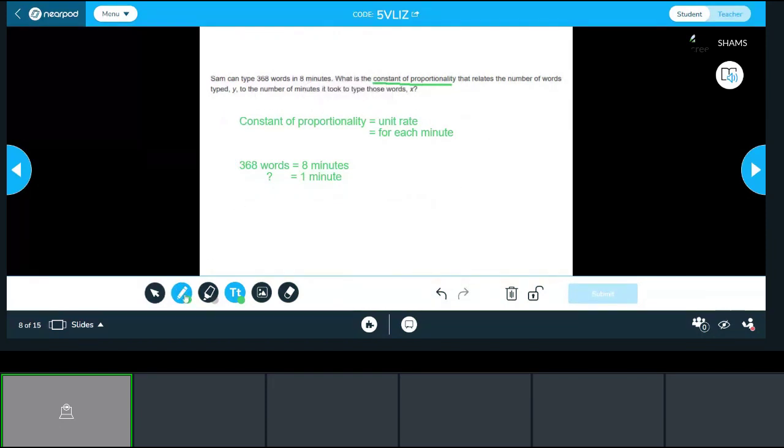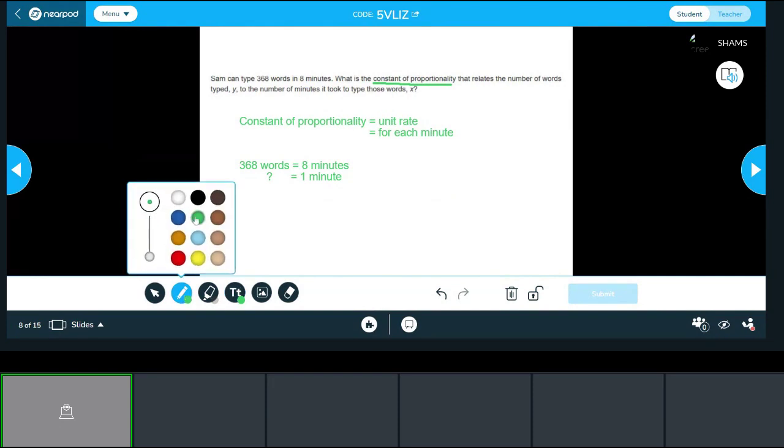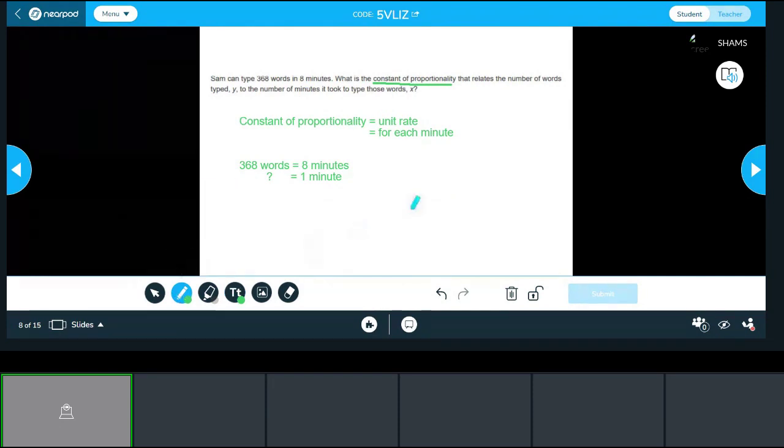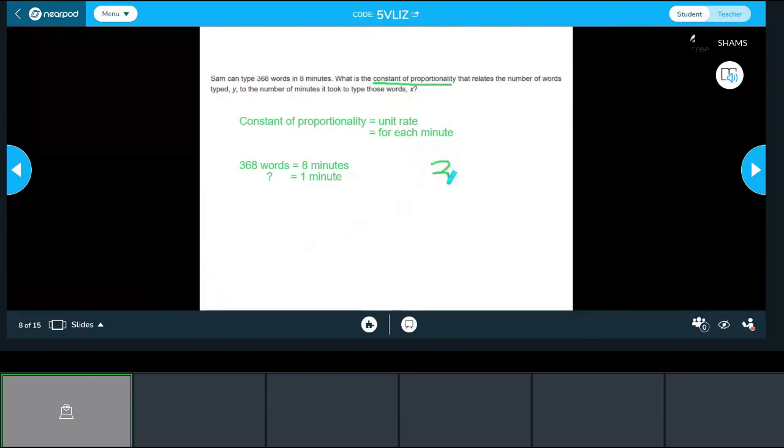So if I want to find for 1 minute, I know for 8 minutes, I can simply divide. So I will go ahead, divide 368 by 8. And that will give me the constant of proportionality. 368 divided by 8.